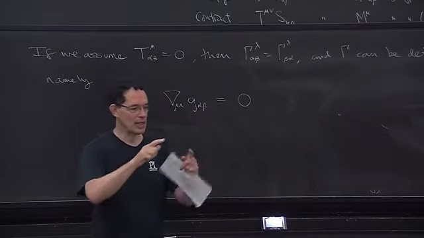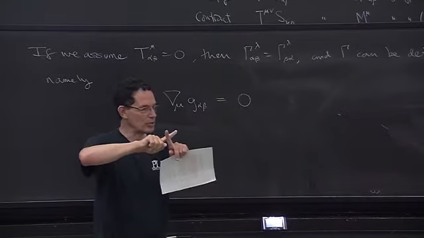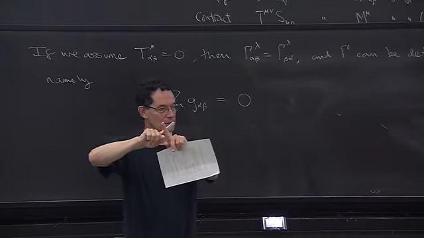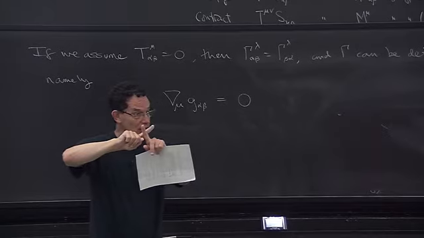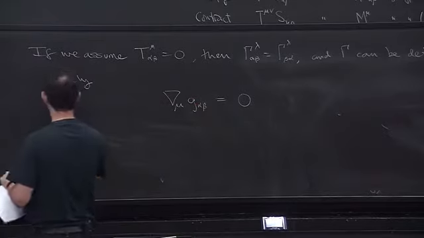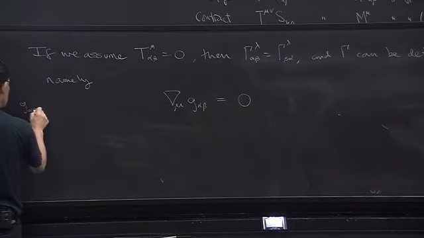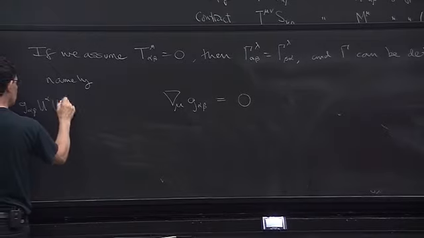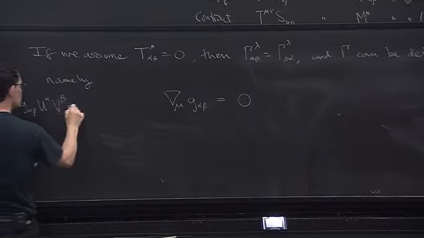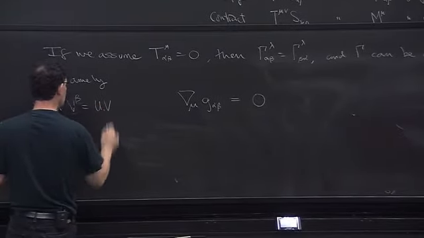That's basically telling you that if you take the dot product between two vectors at one point, and if those two vectors are constants, the dot product is not going to change, right? So if I take a dot product, g_alpha beta U^alpha V^beta, what is this quantity? This is U dot V.